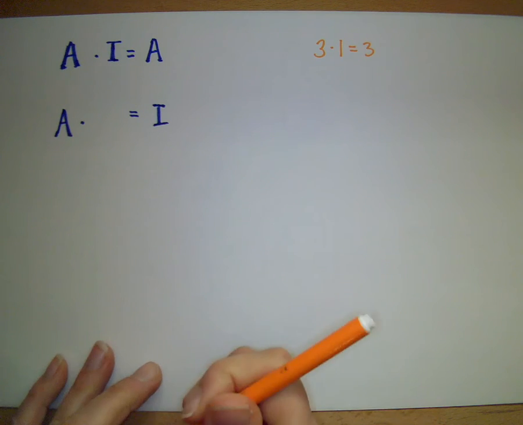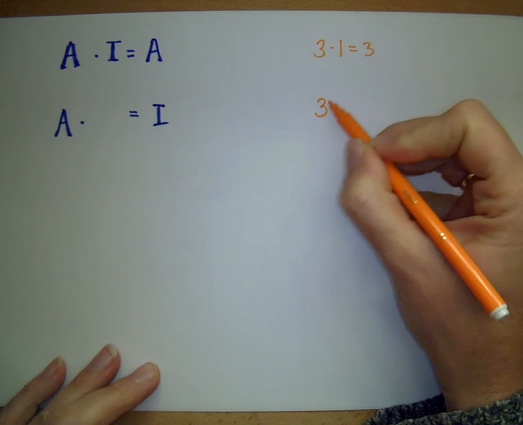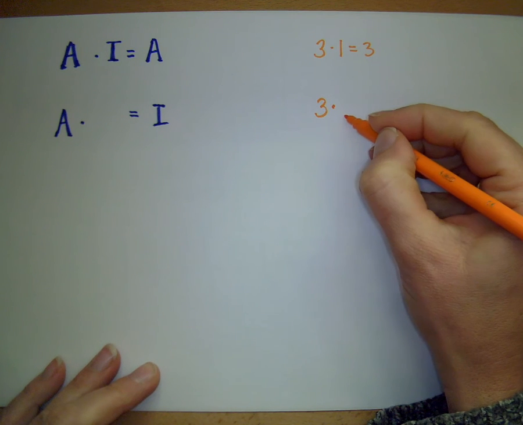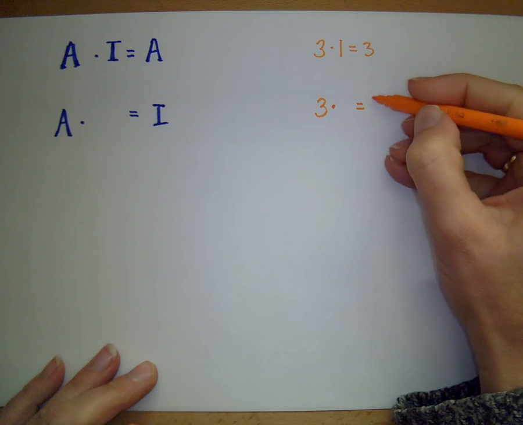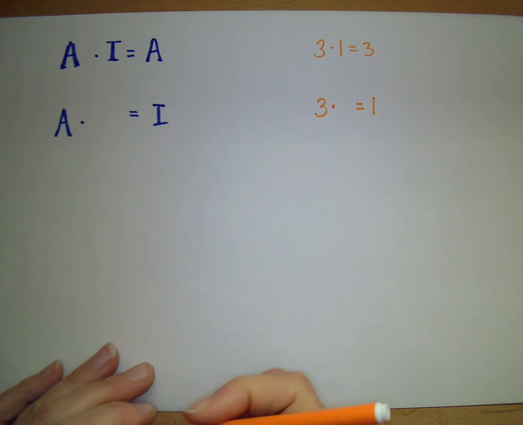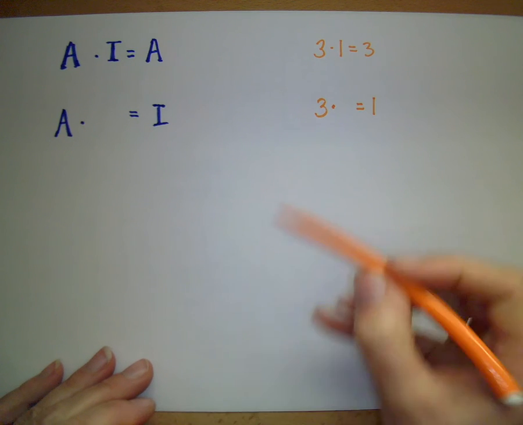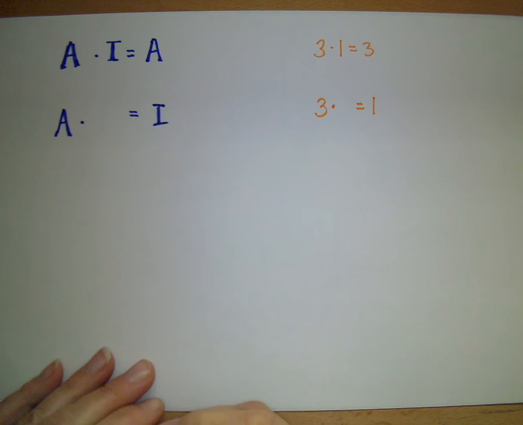With regular numbers, A in this case will stand for 3. 3 times something equals the identity 1. 3 times something equals 1. What do we multiply 3 with to get 1?